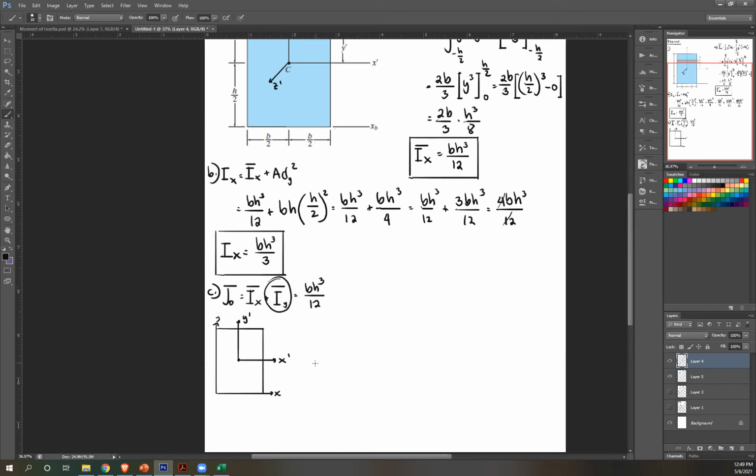We're looking for a moment of inertia about the centroidal y-axis. And as I've said earlier, we're going to take an element parallel to your axis in question. So it's a vertical axis, so we take a vertical element. Okay. Taking a vertical element.